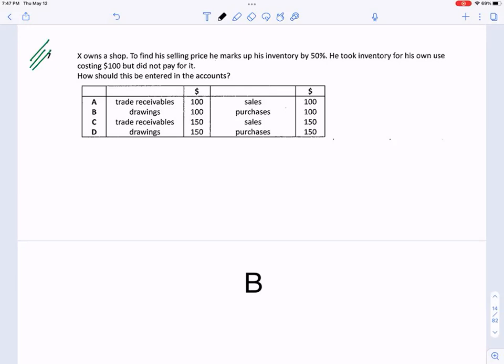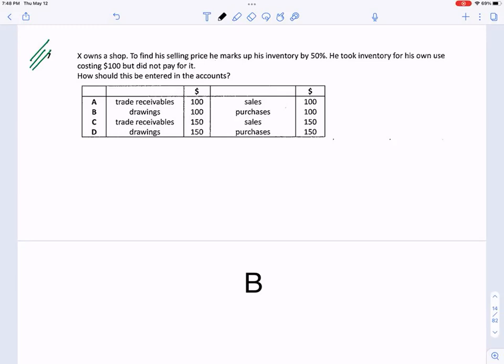Drawings will be debit, so it'll be B or D. What is the journal entry for taking out goods for own use? Debit drawings and credit purchases. Yes, I think it's B.